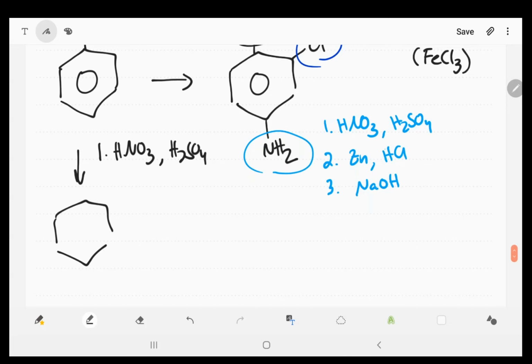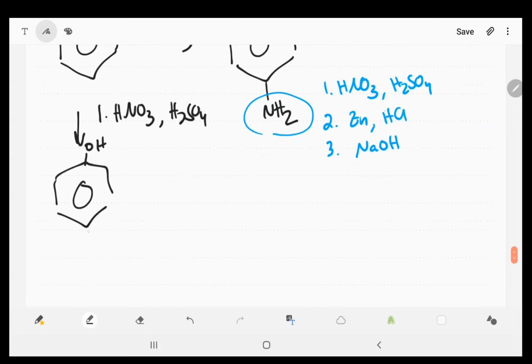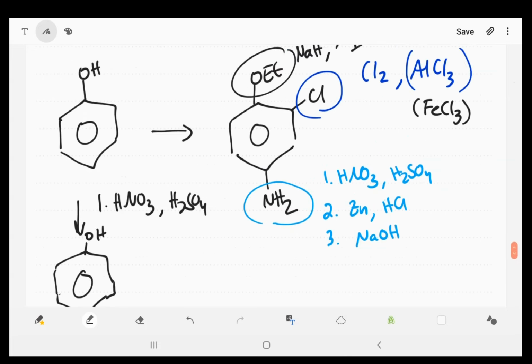We probably don't want to put this into the amine quite yet, because if we put it as NH2 instead, that's a stronger activator than OH, which means that our chlorine would then go ortho to the amine, which is not where we want it. We want it ortho to the OH, or ortho to the ethoxy. So I would not do the second half of this quite yet, because we don't want it to mess up our regiochemistry.